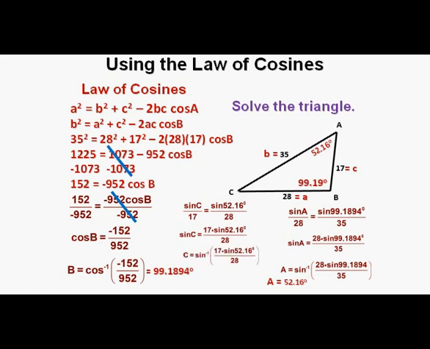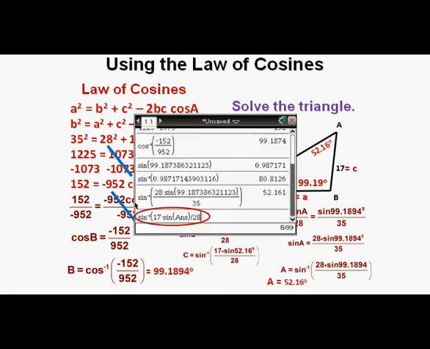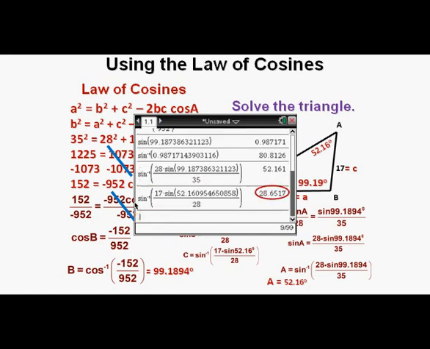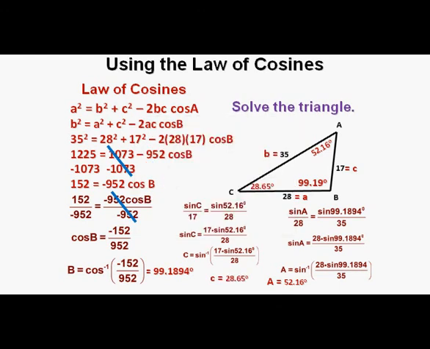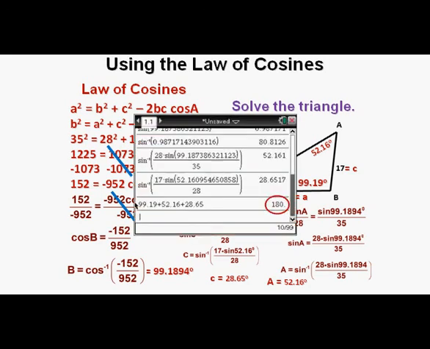Note that I have A and S for angle A because that was the last thing calculated and it's highly accurate in the calculator's memory. Press enter. We get about 28.65 degrees. And we label angle C in the triangle as 28.65 degrees rounded to the nearest hundredth place. And adding these three angles together, we get a total of 180 degrees, verifying that our answers are correct.